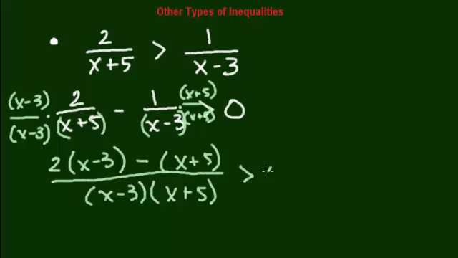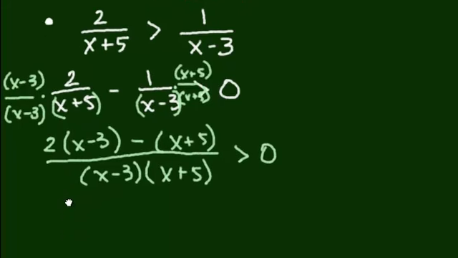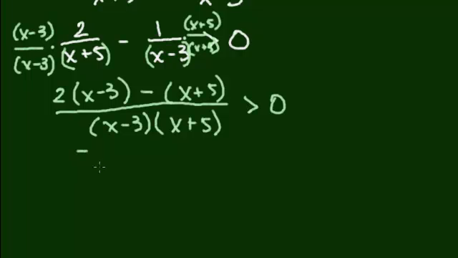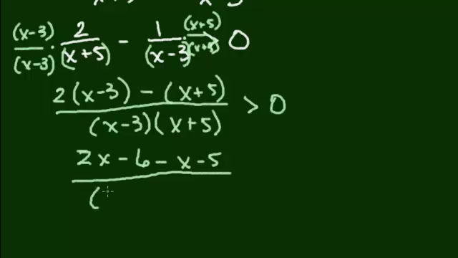And that's going to be greater than 0 is what I need to test for. So I will manipulate that top, multiply it just a little bit, move this up, and I'll have 2x minus 6 minus x minus 5 all over x minus 3 times x plus 5 greater than 0.